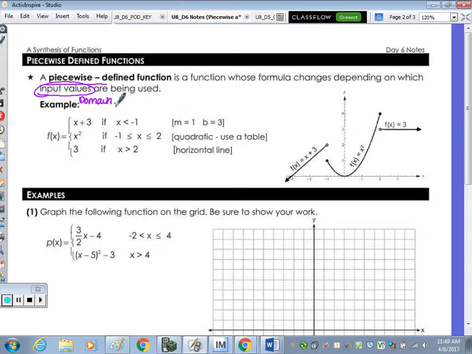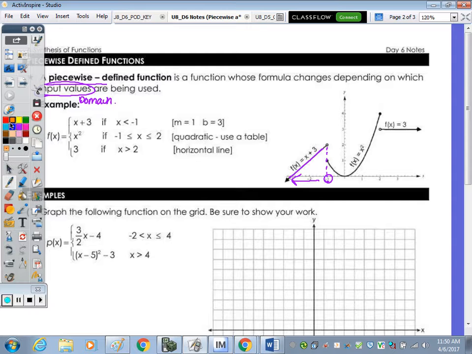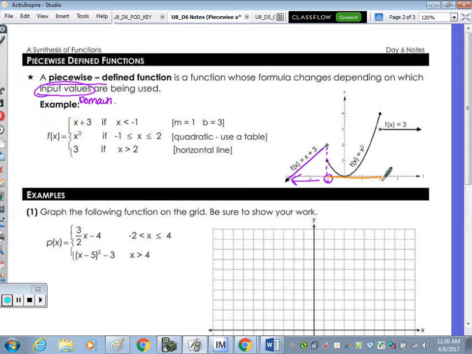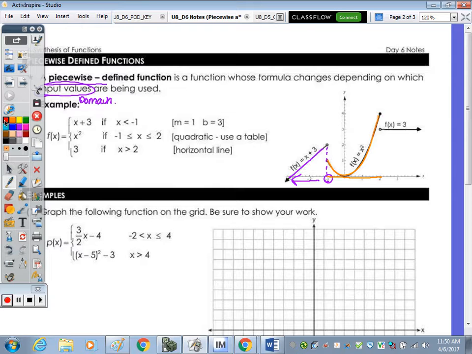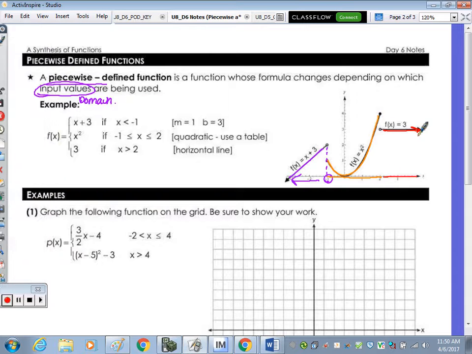So based on the domain, if we just look at the x-axis, so right here, down to -1, less than -1, we've got the line. On the x-axis, between -1 and 2, we've got this curve. And then for values from here over, we have this line.